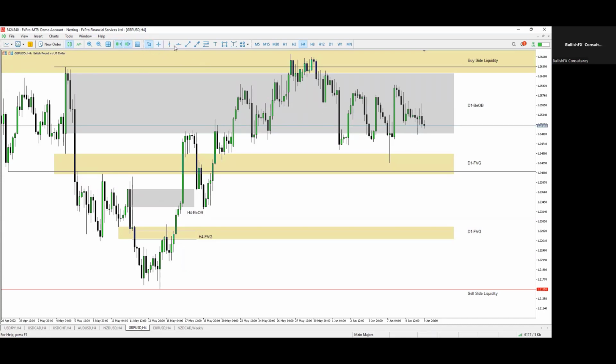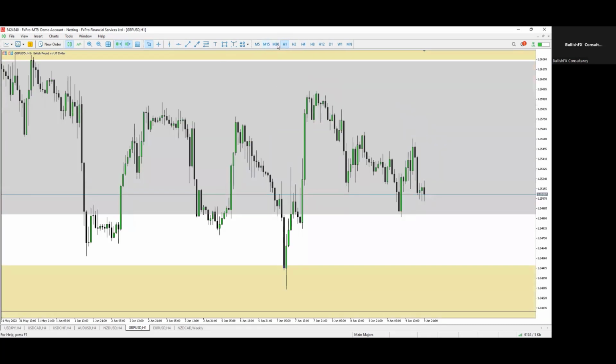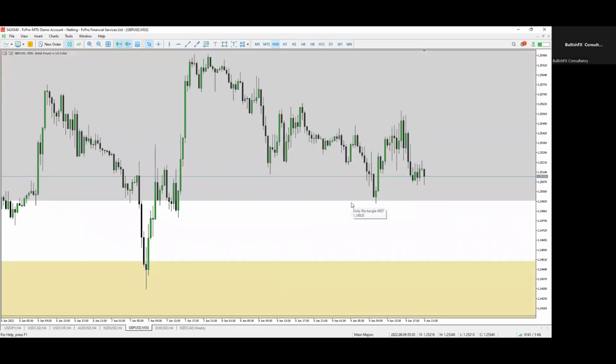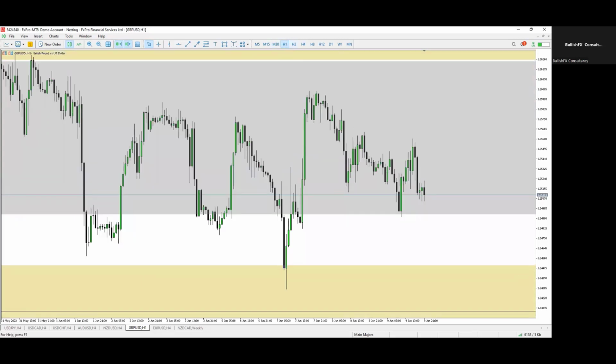But today, I did highlight that there's quite easily 20 pips to the downside on pound USD. The reason why I sent that in the group is so that you guys could also see and could have benefited from it. Let me see what time I sent this.